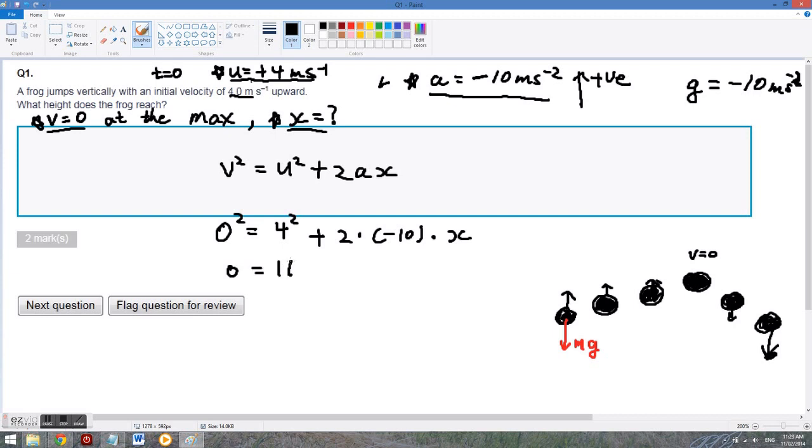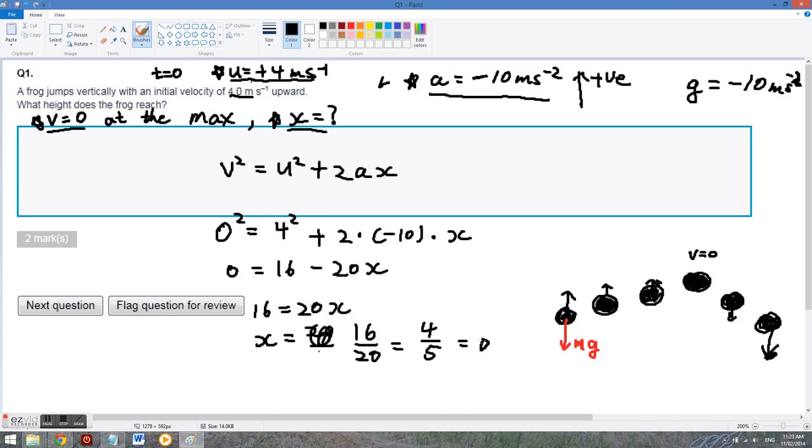So I have 0 equals 16 minus 20x, so 16 equals 20x. x will be 16 on 20, which is 4 on 5, which is 0.8 meters. Always remember the unit. So the frog jumps 0.8 meters high.